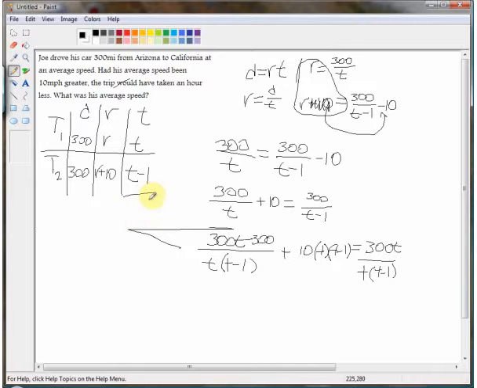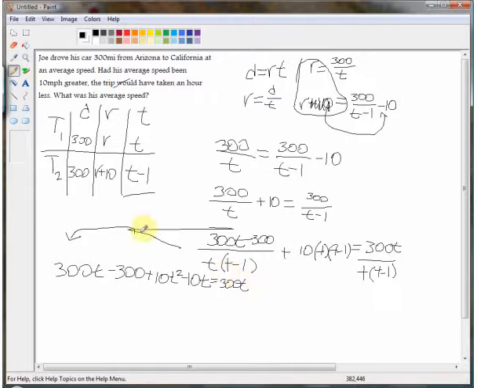Let's say that this goes over here. 300 t minus 300 plus 10 t squared minus 10 t equals 300 t.